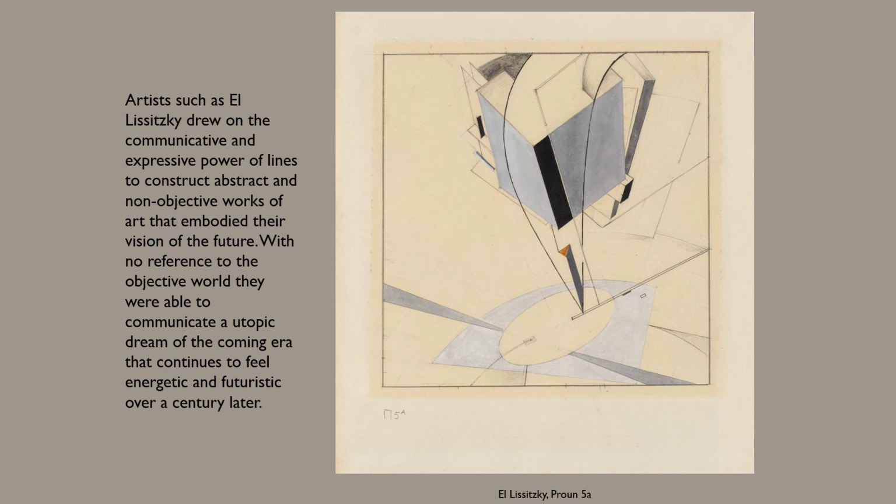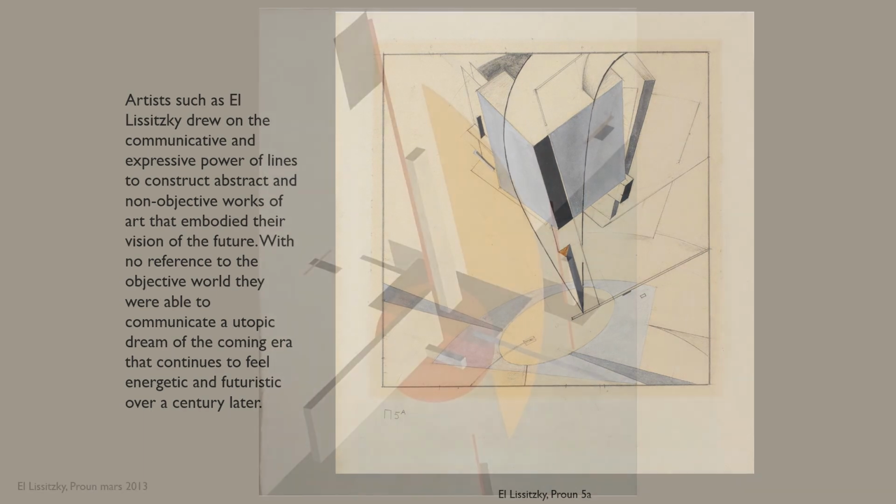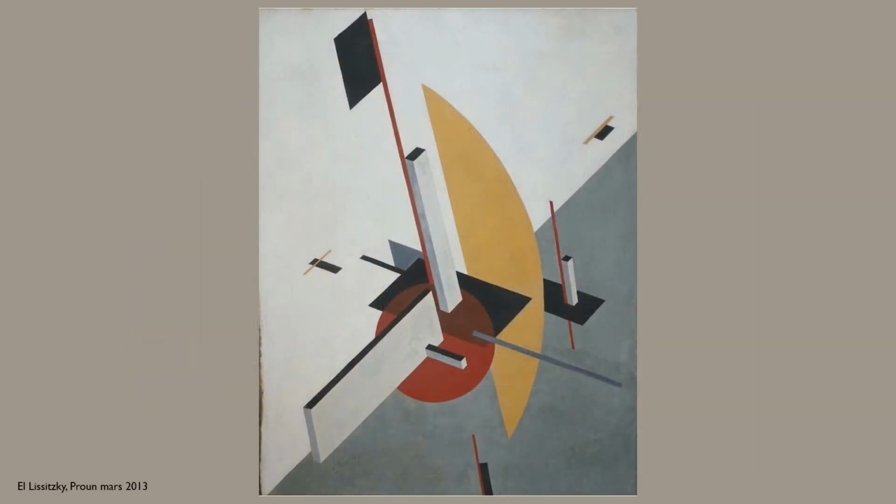And what's so wild to me is that this visual vocabulary that they cultivated still feels very energetic, very relevant, but also very futuristic still today, over a century later, right? So looking at this and this painting, I get the sense that it still feels like science fiction, right?